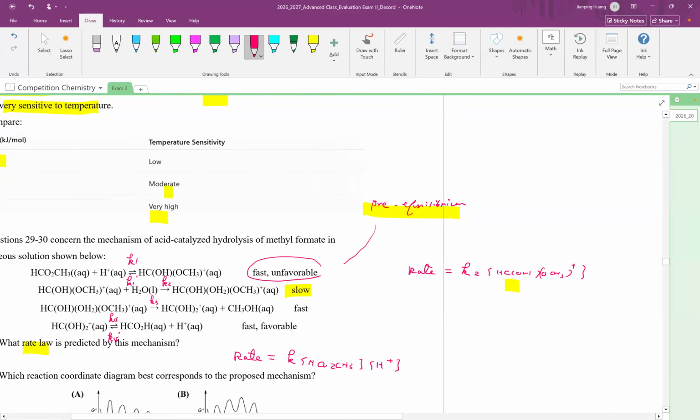That's called a pre-equilibrium. We're going to discuss what pre-equilibrium means. You reach equilibrium first, establish the equilibrium. Now you are going to form the product or intermediate.